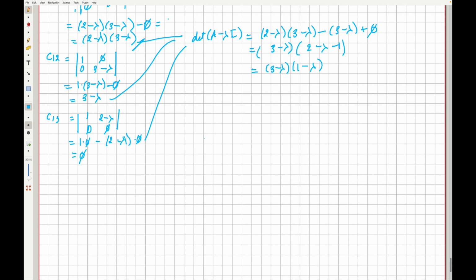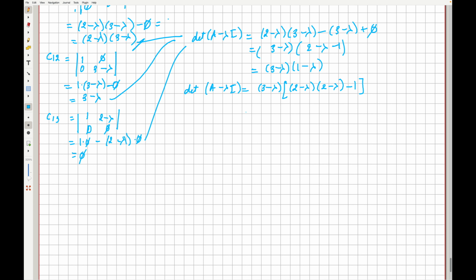So the full determinant would be as follows: determinant of A minus lambda I is equal to 3 minus lambda, in square brackets, 2 minus lambda squared minus 1.